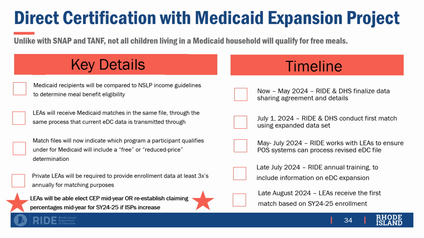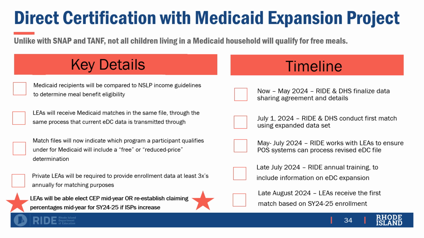As previously mentioned, RIDE anticipates that schools will see an immediate increase in their direct certification numbers and therefore their identified student percentages once the direct certification process is extended to include Medicaid data.